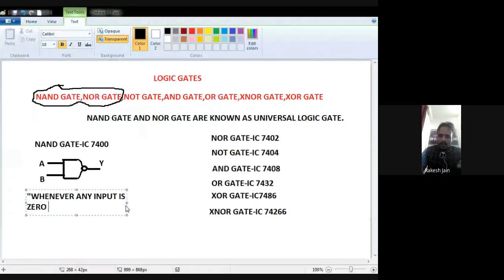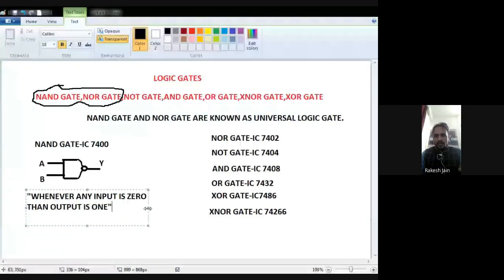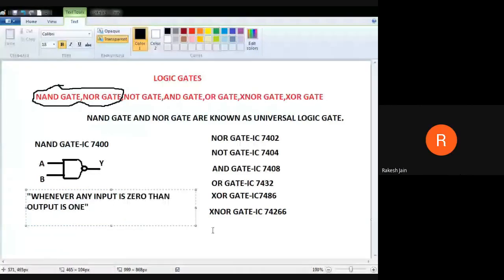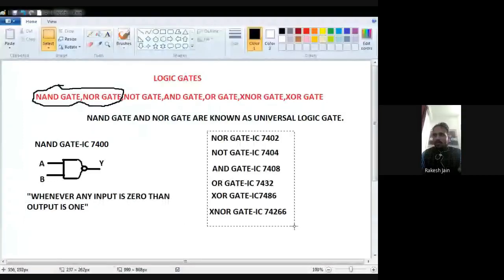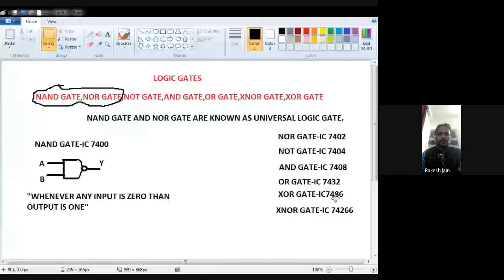Whenever any input is 0, output is 1. Any input means it may be A, it may be B, or it may be A and B both. Any input is 0, then output is 1.